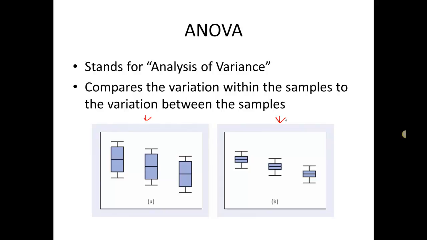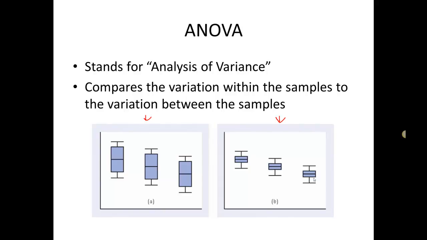Because the means are far apart and the variation within the group is small, it's more indicative of a real difference among the means of the three populations. So Anova is going to compare these. It's going to look at how much variation there is within the group and compare that to how different the means are between the groups.